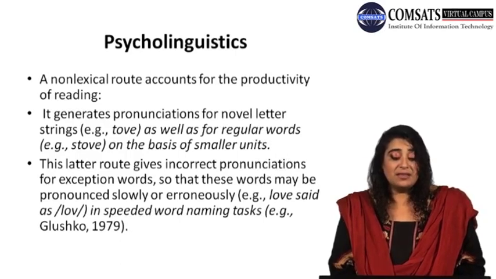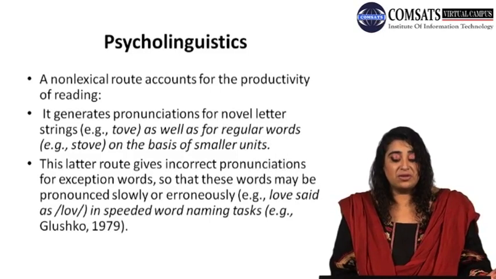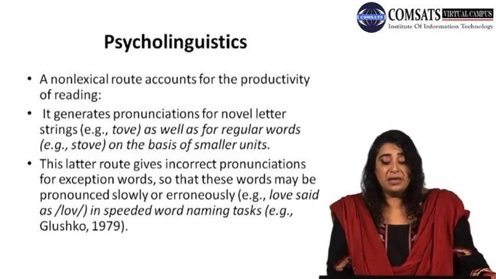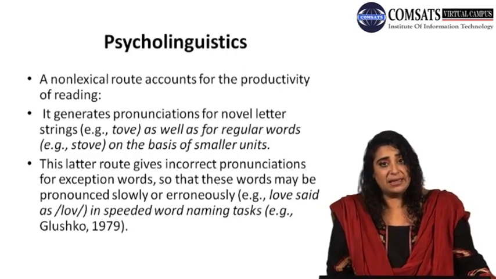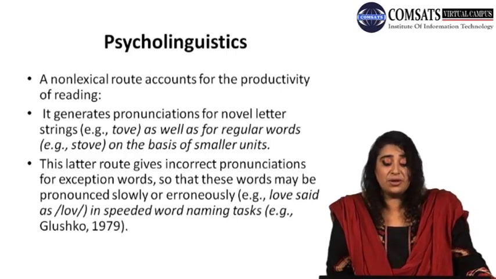Love said as "love" to rhyme with stove, in speeded word naming tasks, would be the same thing. In written form the word ends in an e, but when we speak quickly, or in speeded word naming, we would say love.